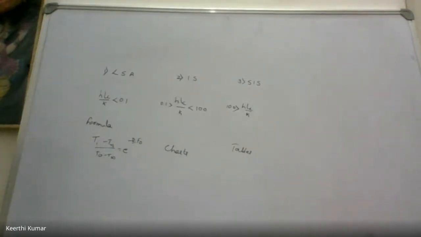So start the test exactly at the allotted time. Then you'll get the full 1 hour and can solve all the problems. So be ready with the calculator and data handbook to solve the problems. That's all about the test.